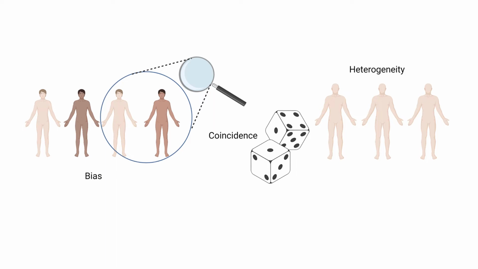Then you have a thing like coincidence, where you might have no control over the selection, resulting in a homogeneous population. And then heterogeneity in your study population could be an issue. So the best would be to do a multi-center trial where you have different backgrounds of your patients in different cities, countries, and so forth.